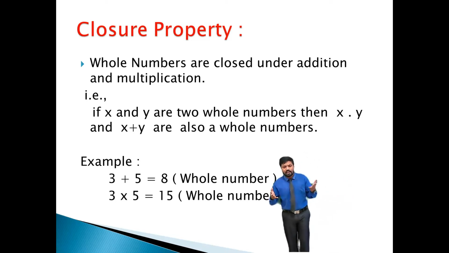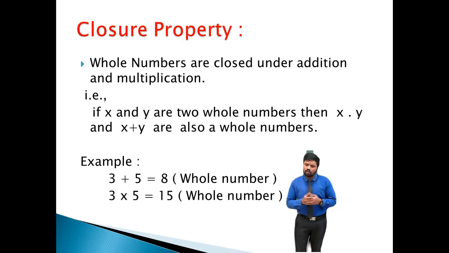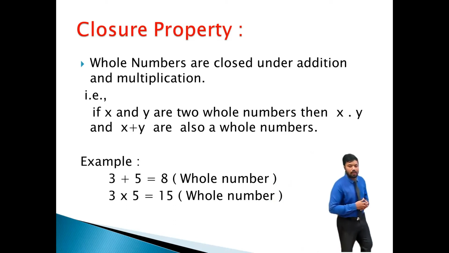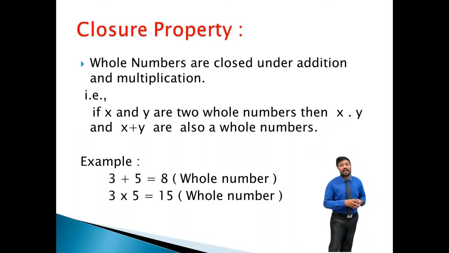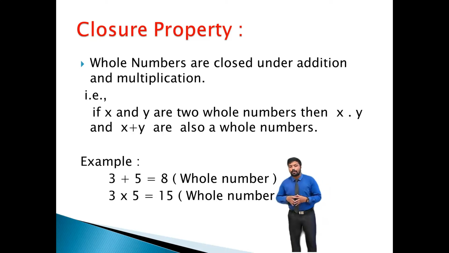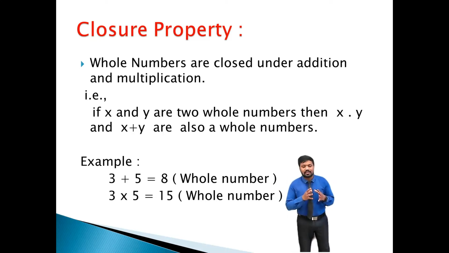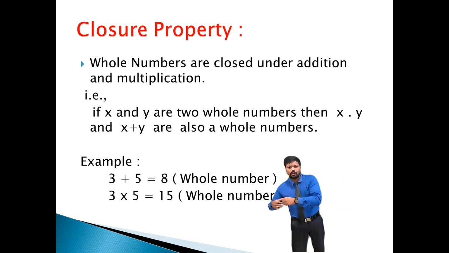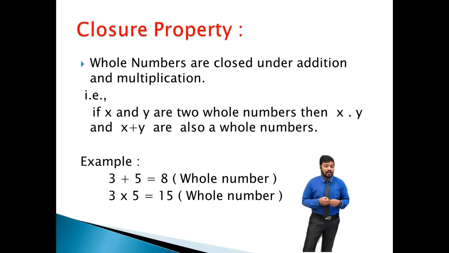3 plus 5, where 3 and 5 are whole numbers, gives 8, which is also a whole number. So you may ask, why have subtraction and division been excluded? Whatever I do, I get a whole number, so why a separate property for that? It is very simple, my dear students. For example, subtracting 10 minus 20: I want to take away 20 from 10.